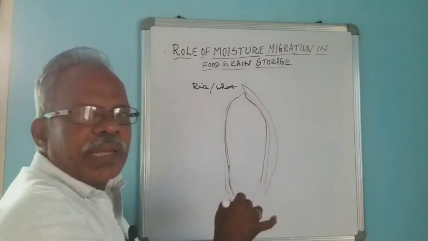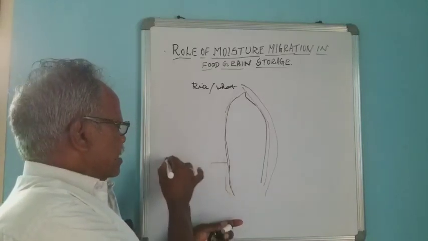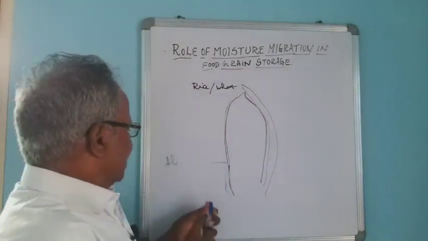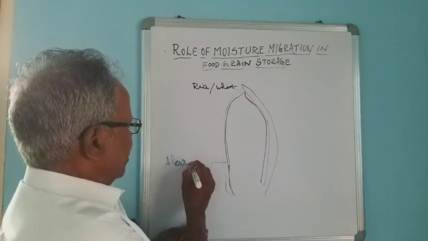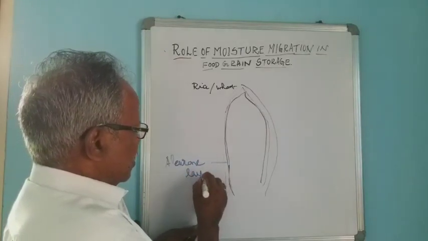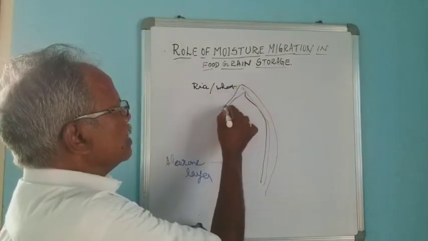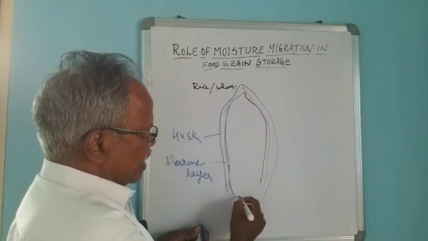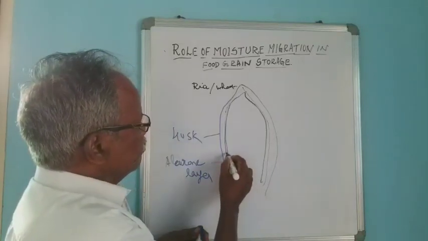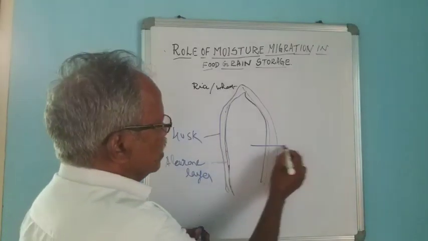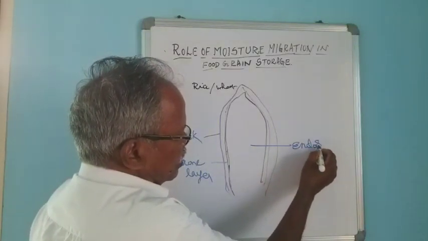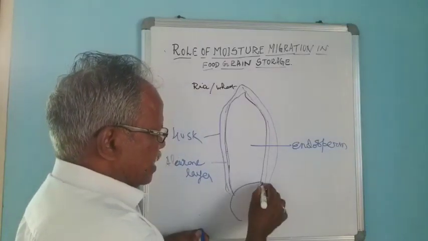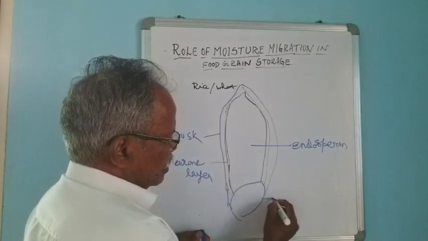This we remove during polishing. The inner portion is called endosperm. And then here we see the germ portion.